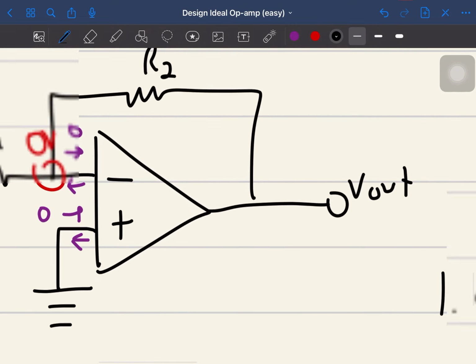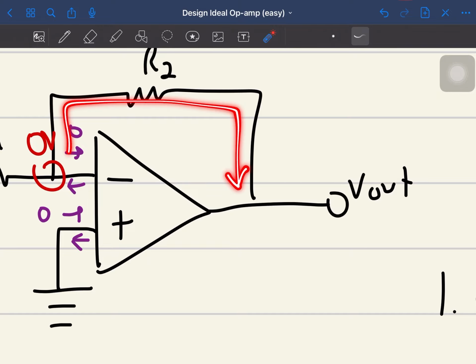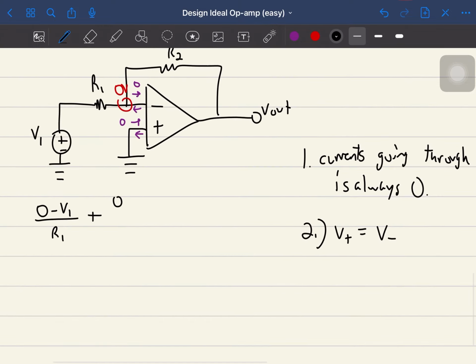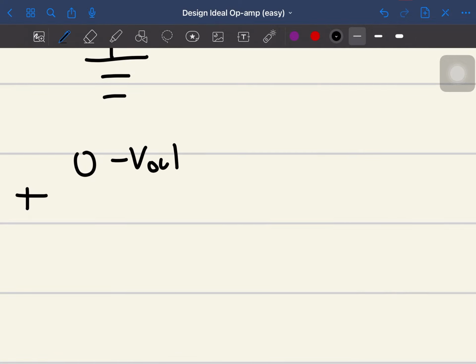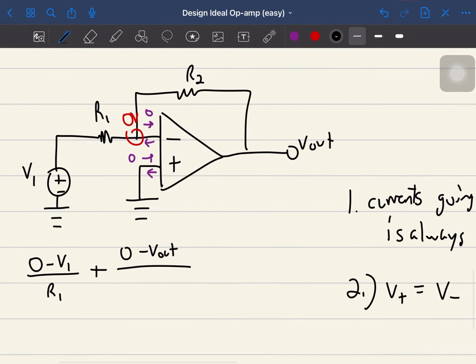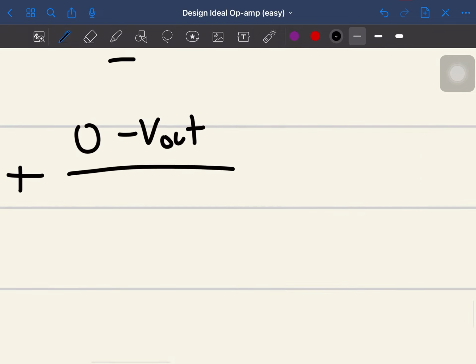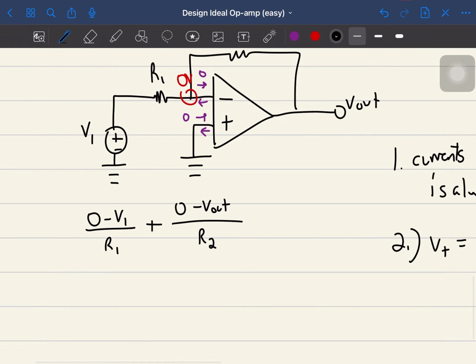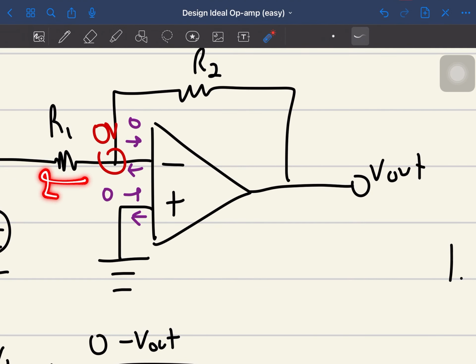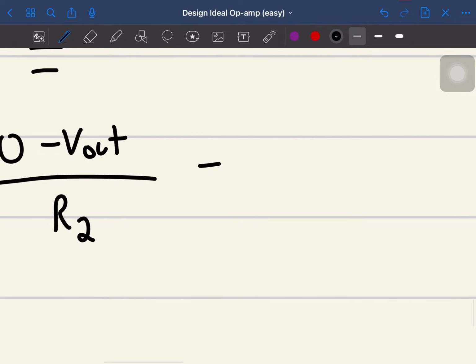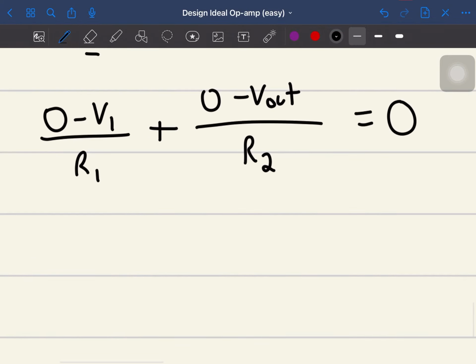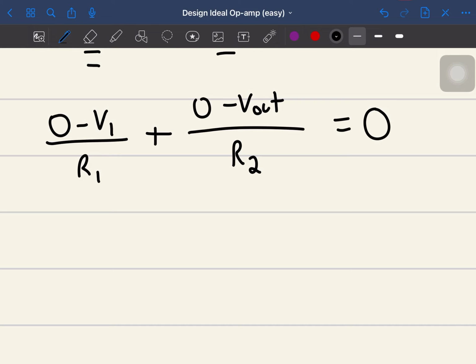We would do 0 minus whatever voltage is on this side to find the difference, and that is just V out. We don't know what V out is. And we divide that by a resistance to find our current, which is R2. This doesn't count because it's 0. Since those are all the currents coming out of the node, this will all equal 0. That is the law. So here we have 0 minus V1 over R1 plus 0 minus V out over R2.